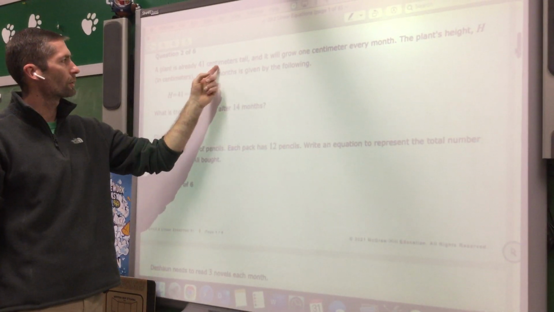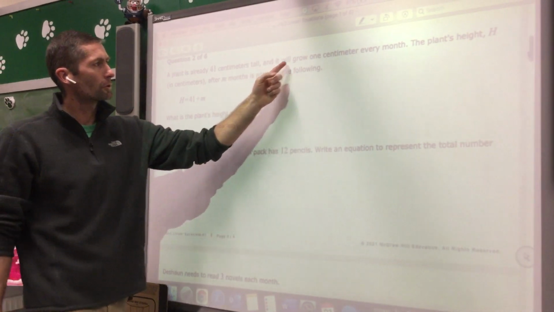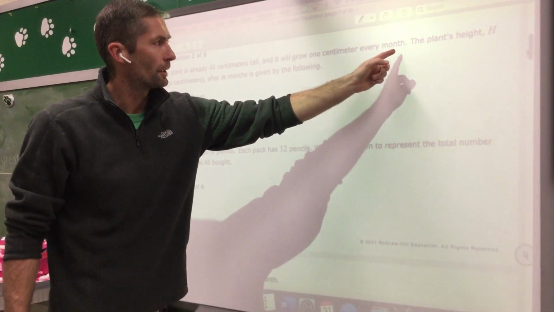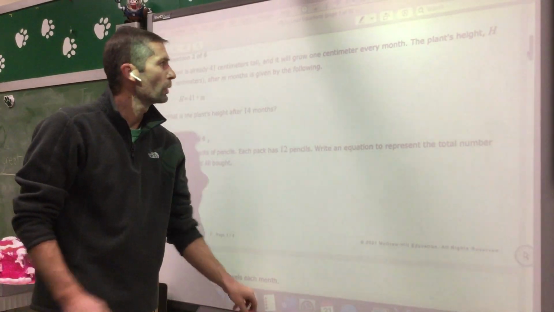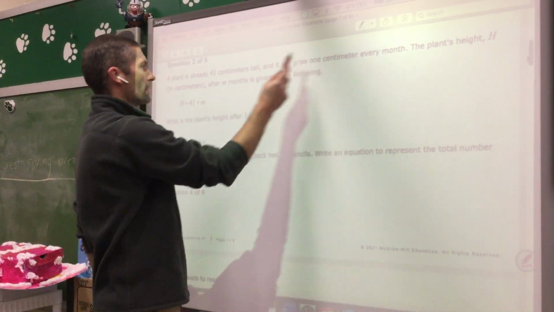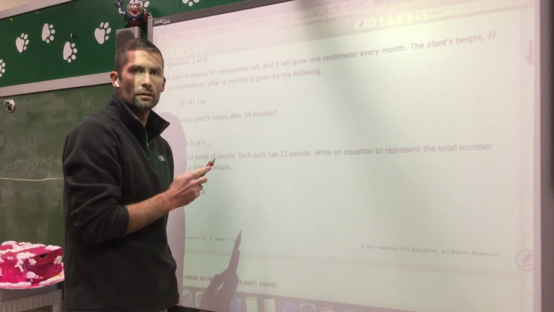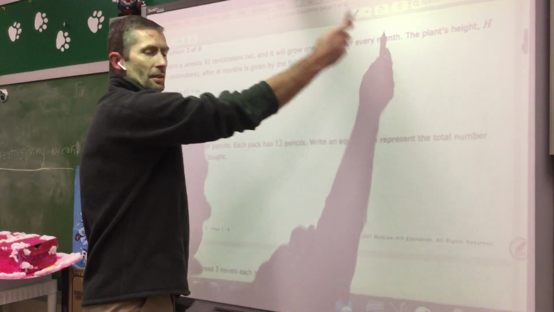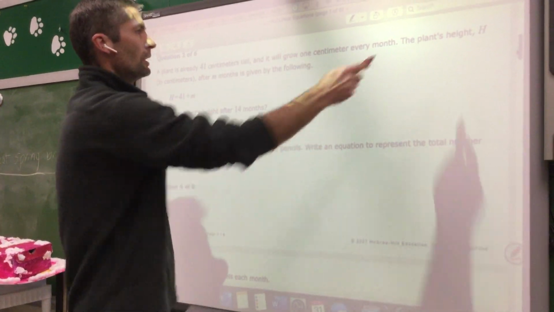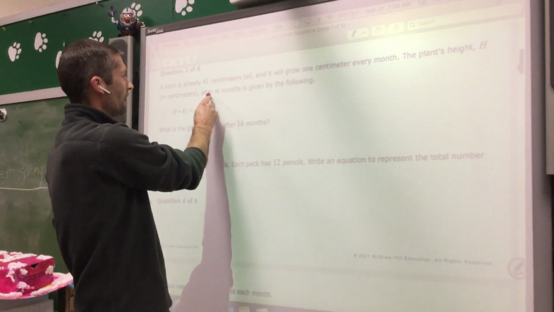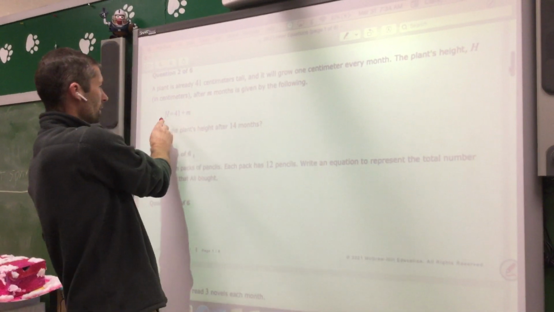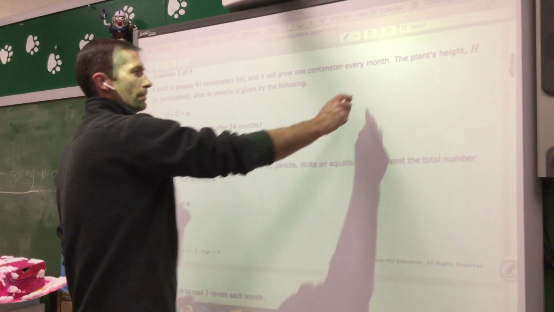A plant is already 41 centimeters tall. It will grow 1 centimeter every month. Okay, so what's my independent variable? The month or the height? It's the month, because the month is independent. Months keep going. The plant's height, h, after m months is given by the following. H equals 41 plus m.